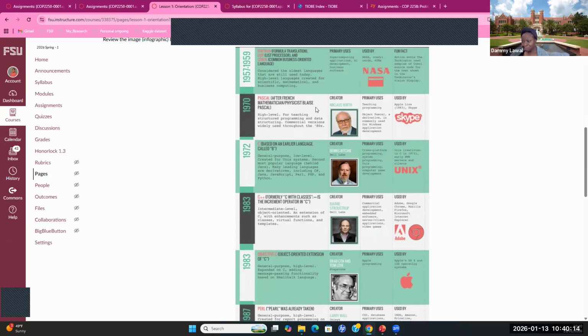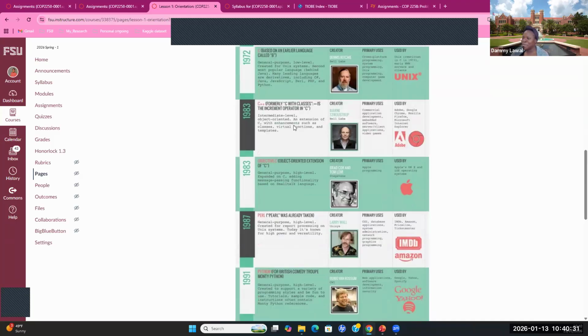And there comes Pascal, which was a teaching tool to teach programming, how to compute, how to write code. And in 1983, we can see the birth of C++. I think that was the first object-oriented programming language, but I will confirm that.